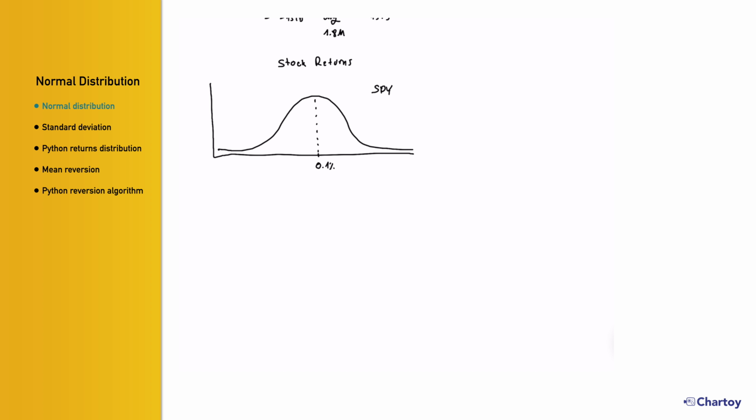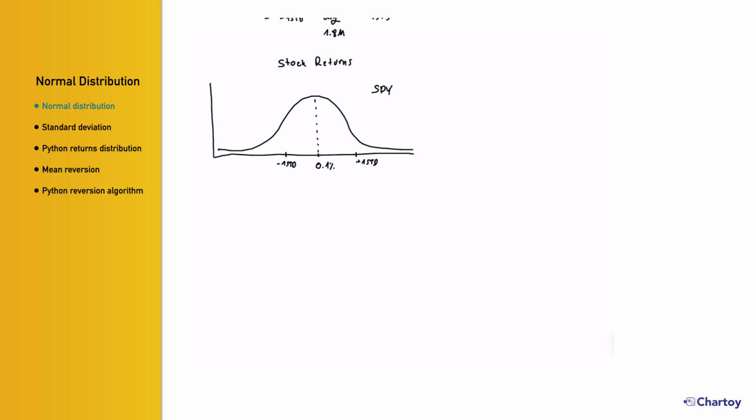If you observe, you will see that most of the returns are going to be somewhere around here, 0.5%, 1% here, and -0.5% here. Most of the results are somewhere around the center, around the average. Or in other words, most of the results are between -1 standard deviation and +1 standard deviation.